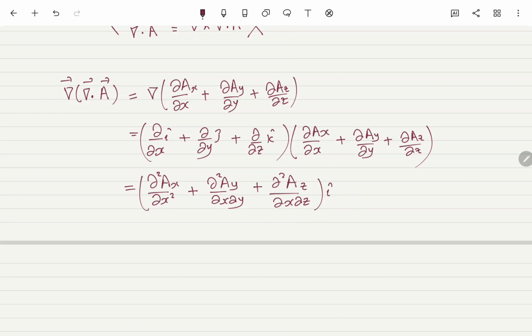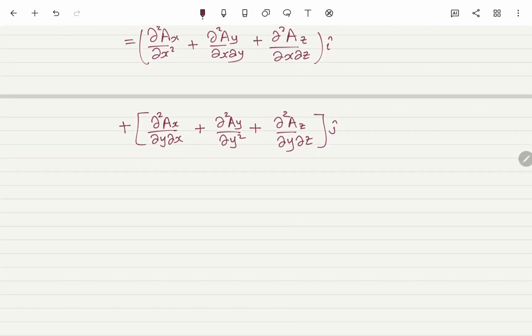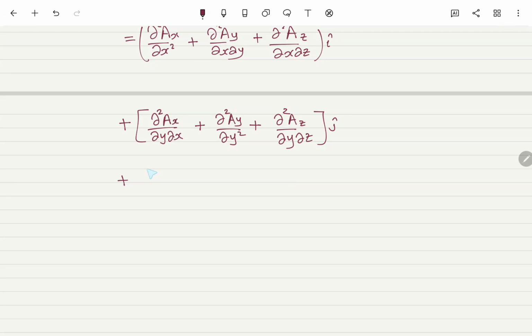plus partial squared AX partial Y partial X plus partial squared AY partial Y squared plus partial squared AZ partial Y partial Z, j hat, plus partial squared AX partial Z partial X plus partial squared AY partial Z partial Y plus partial squared AZ partial Z squared, all k hat.